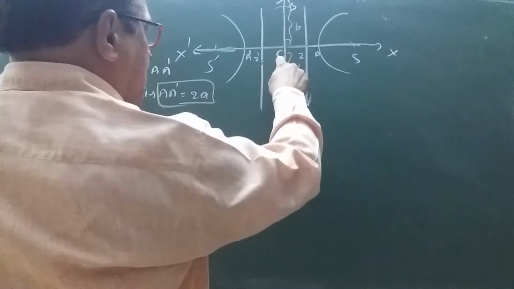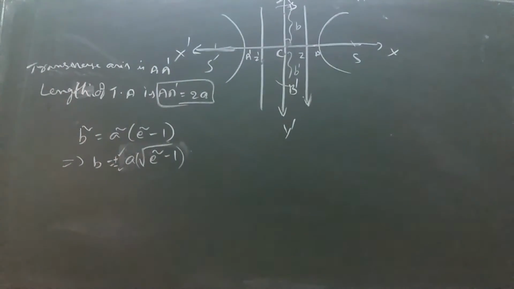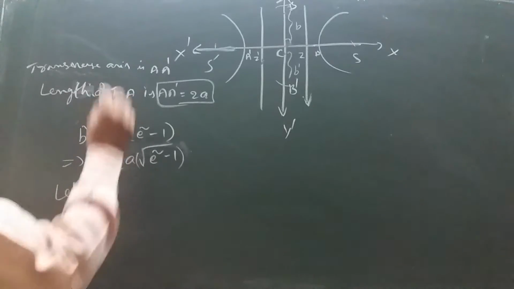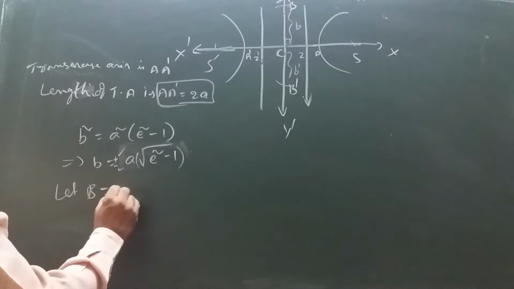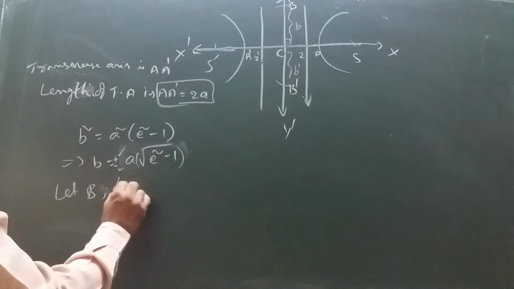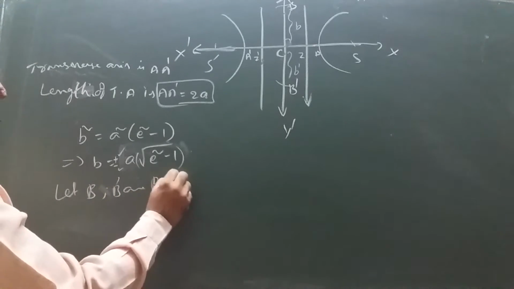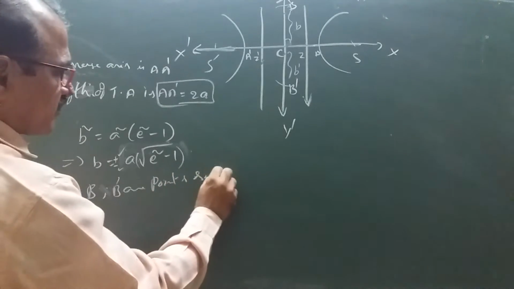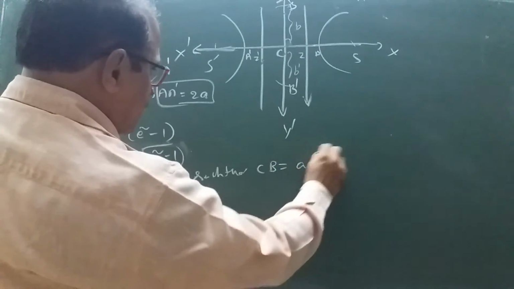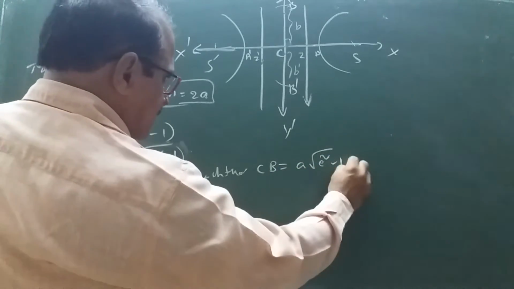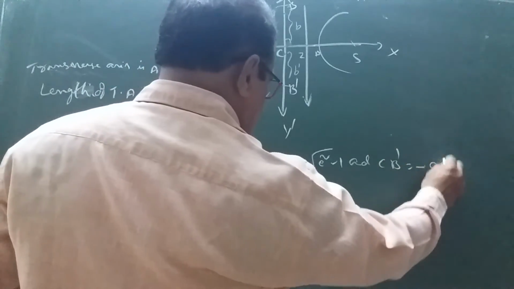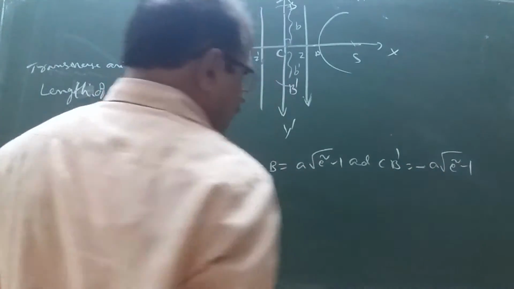B and B dash are points on the y axis such that CB is equal to a into root of e square minus 1 and CB dash is equal to minus a into root of e square minus 1.